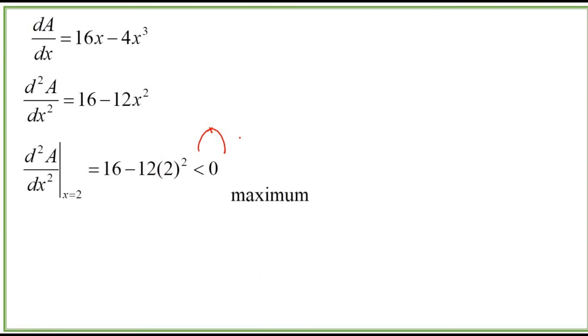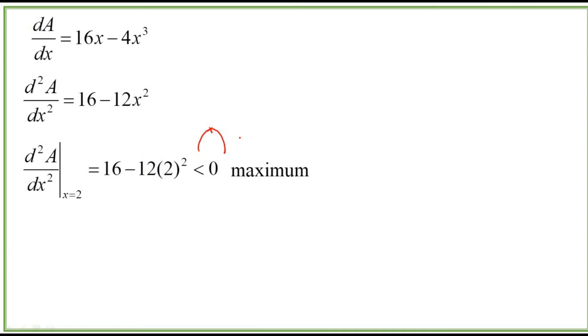After that, in order to check whether x equal to 2 provides a maximum result, you just have to substitute x into this equation. If I substitute x equal to 2 into our second derivative equation, we will get a negative result. So we have a sad face result, which means that this is a maximum value.